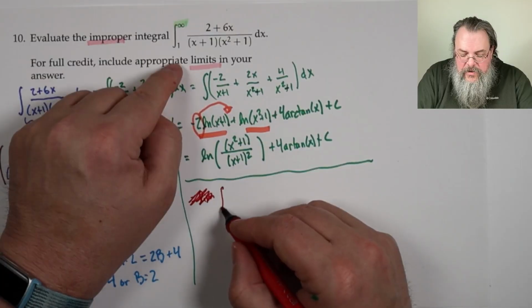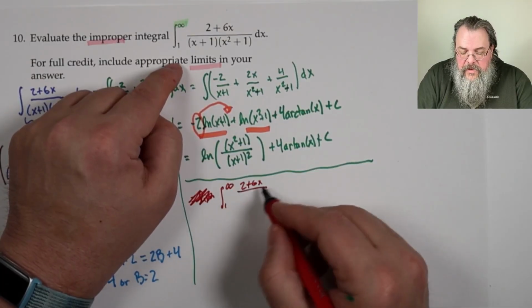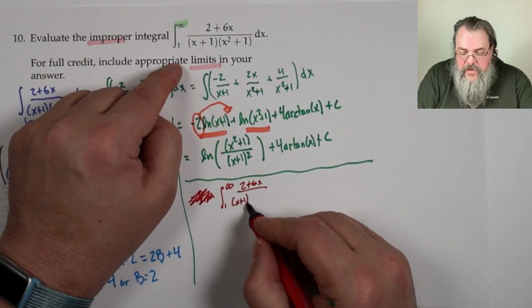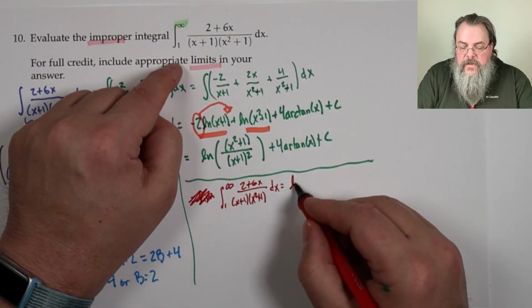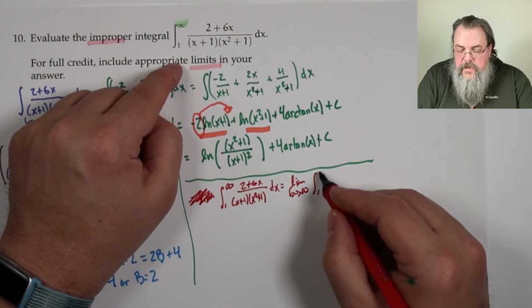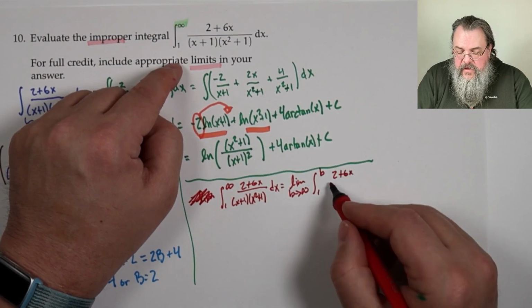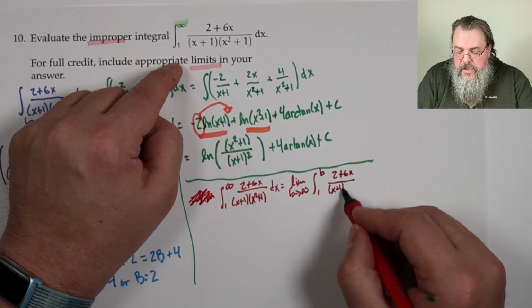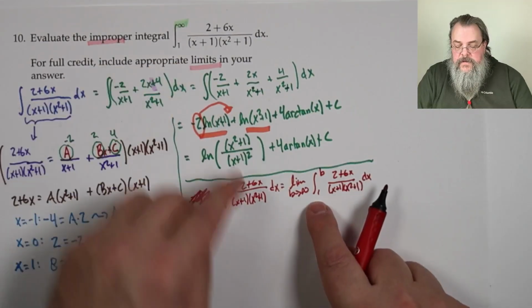So the integral from 1 to infinity of 2 plus 6x over x plus 1 times x squared plus 1 dx is the limit as b goes to infinity, 1 to b of 2 plus 6x divided by x plus 1 times x squared plus 1. Right? We need to put that limit in there.